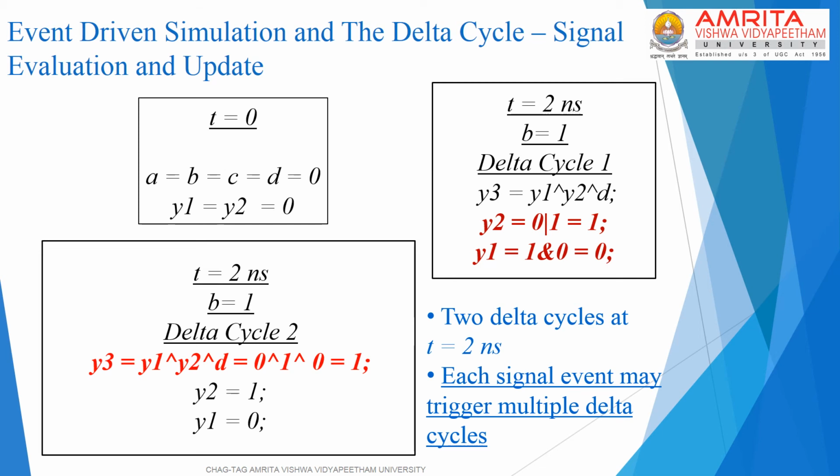That means the values of all these signals are updated. So we can see that in a particular simulation time, there can be several delta cycles, each delta cycle consisting of several signal evaluations and updates. So this forms the heart of HDL based simulation.